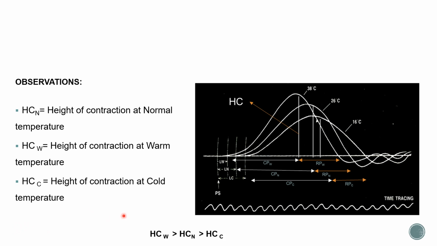So in contrast to the latent period, the contraction period and the relaxation period, where we found that these three components were shortest in the warm curve and longest in the curve obtained with cold Ringer solution, the height of contraction is the highest for the curve recorded at 38 degrees Celsius, that is at warm temperature, and the one recorded at the cold temperature has the shortest height of contraction.